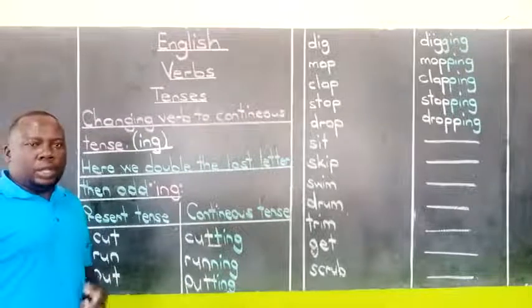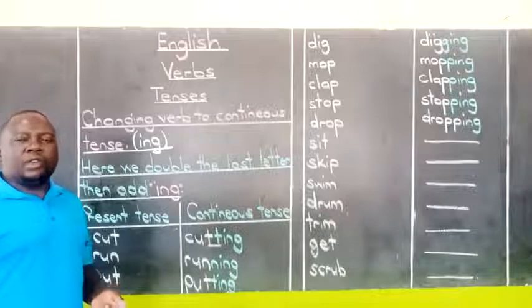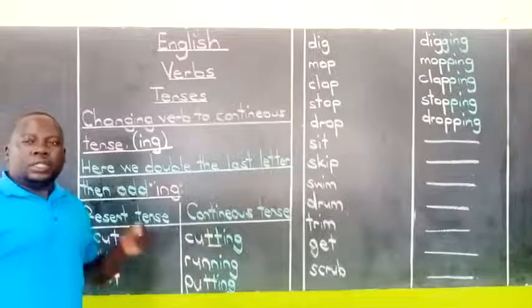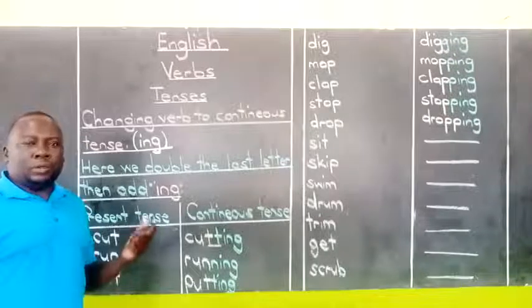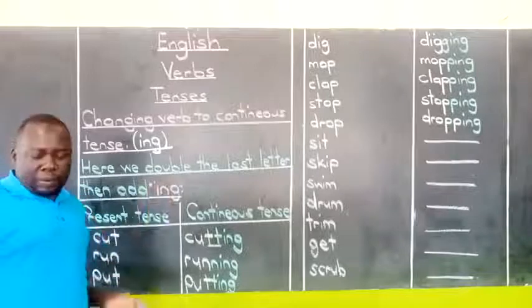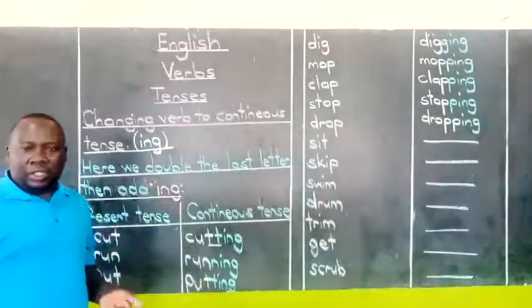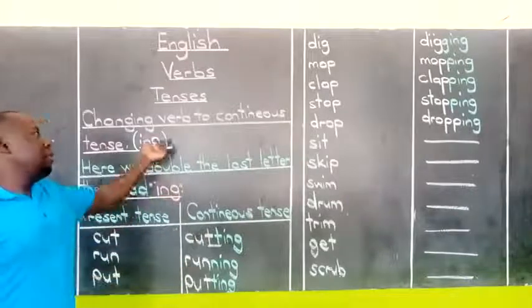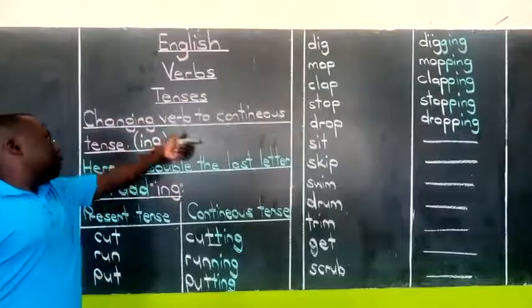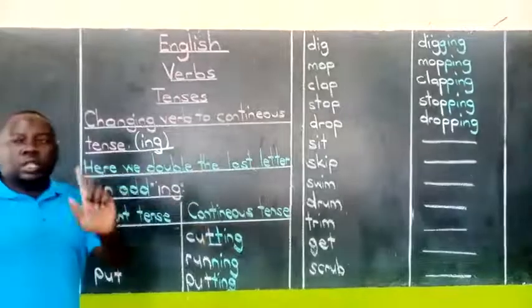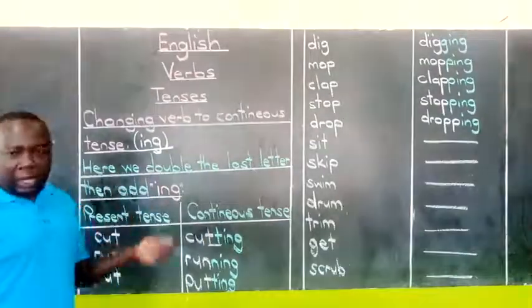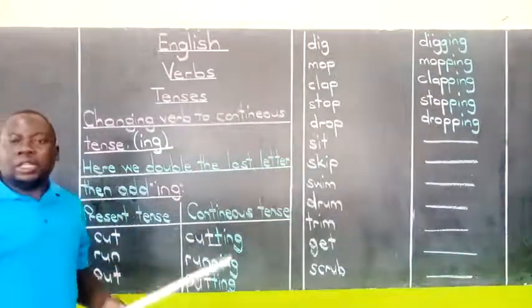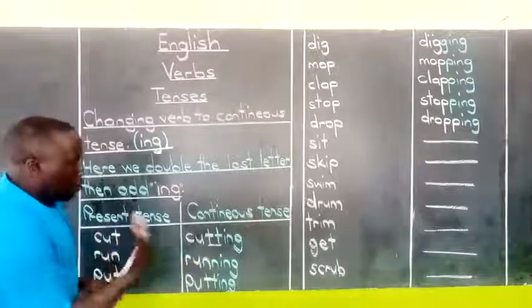Ask them, they know them, and they have ever learned them in the same classes, P1, P2, P3. Because these ones, they go up to P7. Even in P7, they learn them. Only that in P7, they change the names. Continuous, there is a way they call it, and the others. But they know them. Ask them.